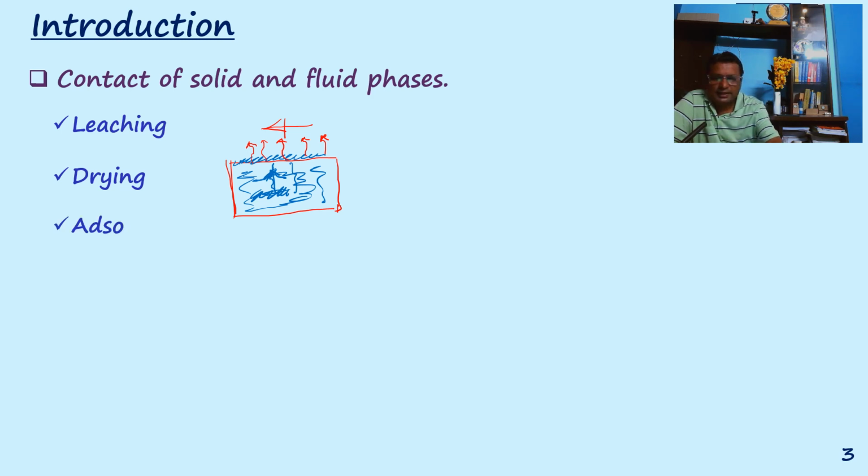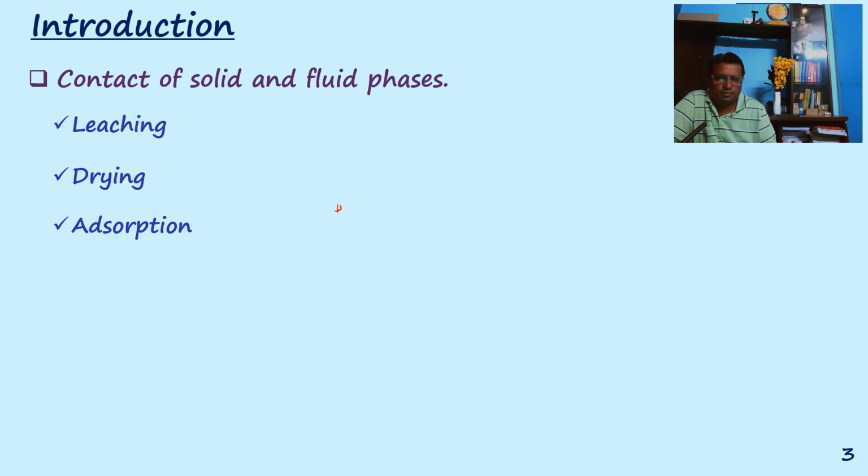Then another example for this is adsorption. Adsorption is a separation operation in which components of a liquid solution or a gas mixture are separated by contacting with a suitable solid.